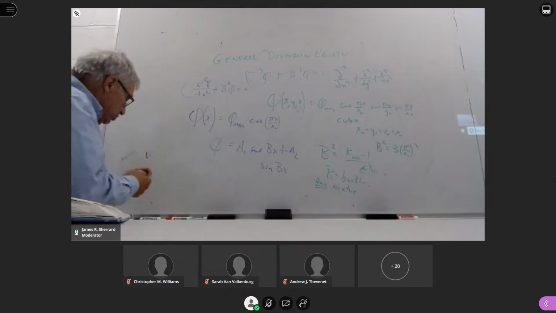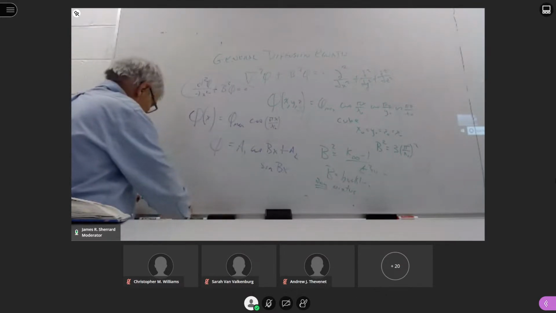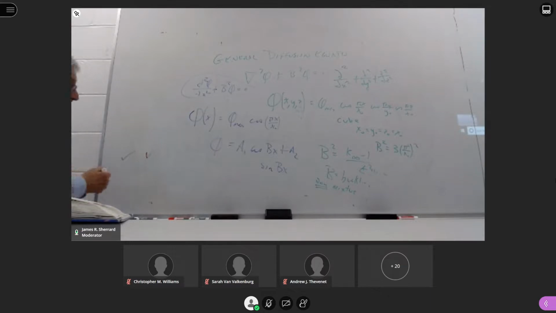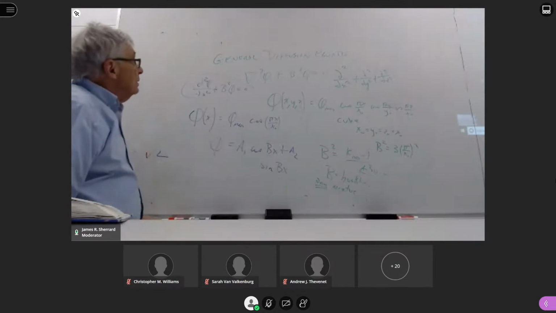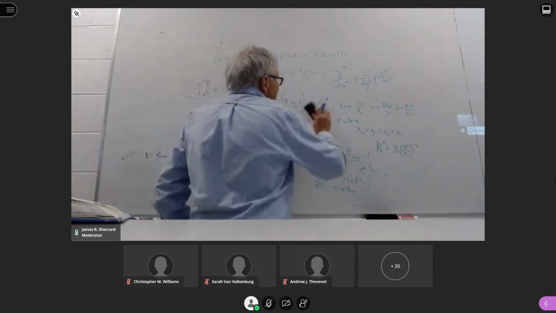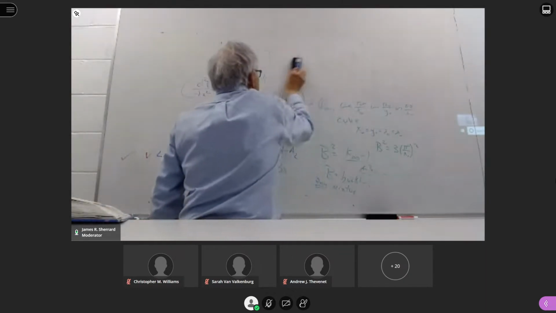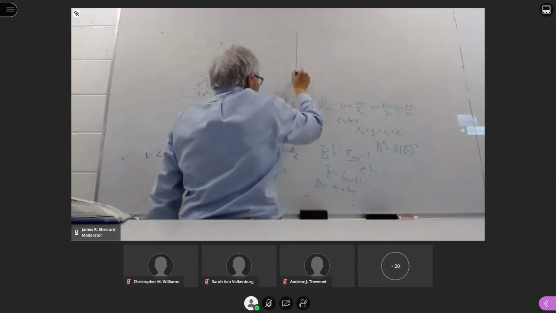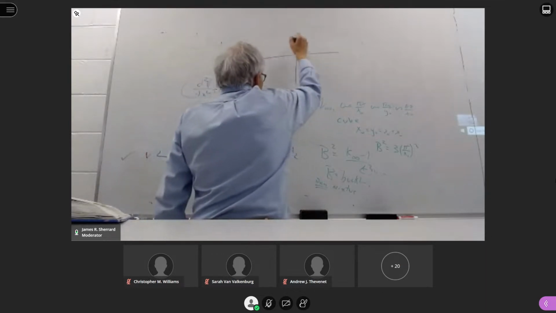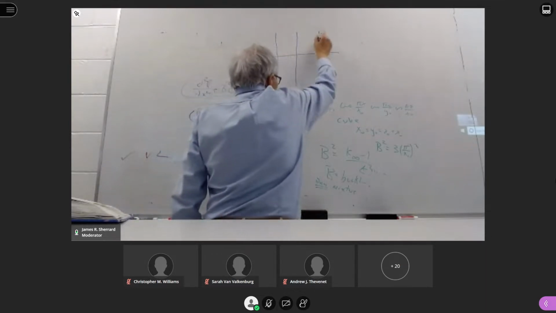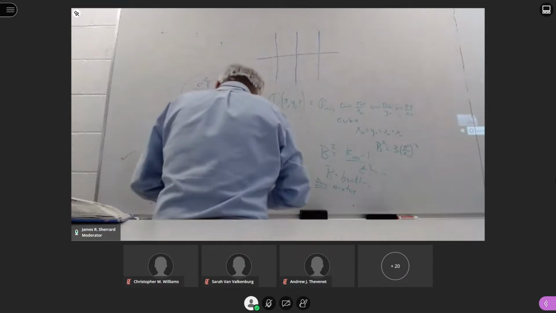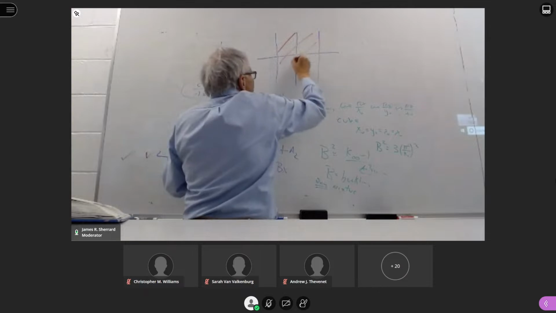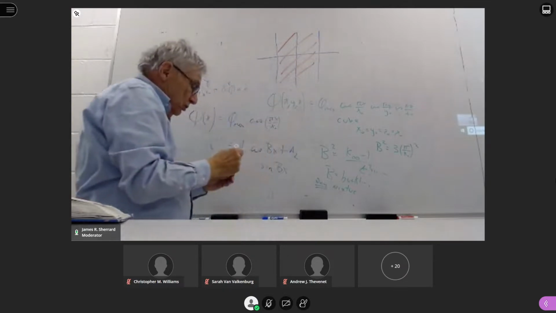What do I mean by boundary and initial conditions? This is an infinite slab that is filled with materials.